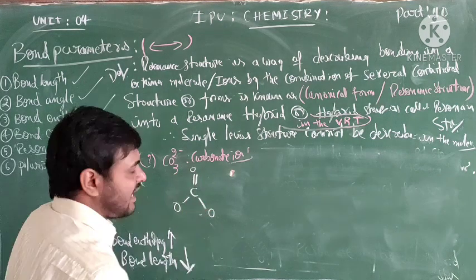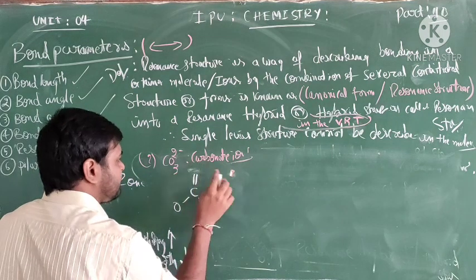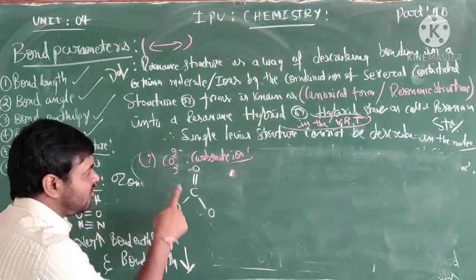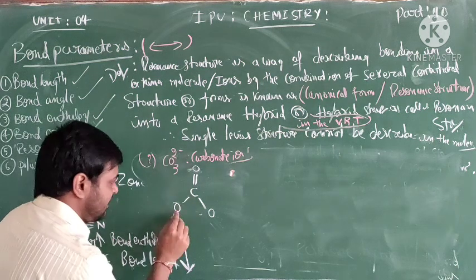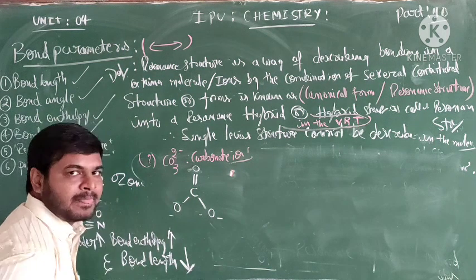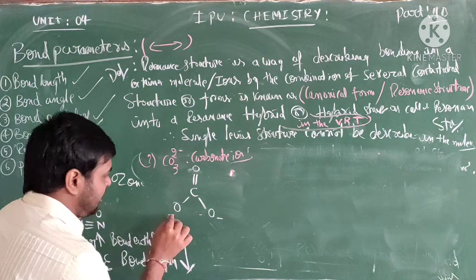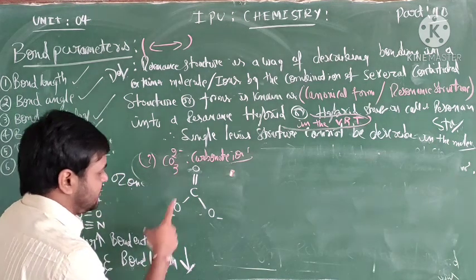One of the oxygen atoms has the double bond, and the remaining 2 have single bonds. Why single bonds? Because the minus 2 charge is present.